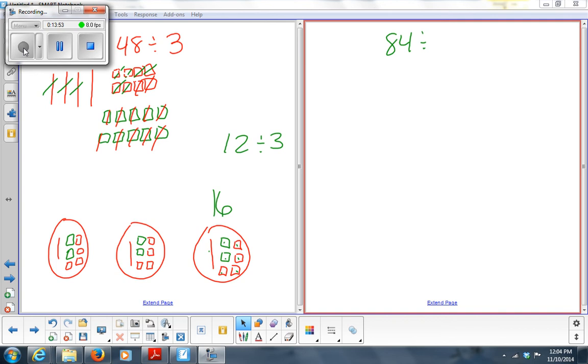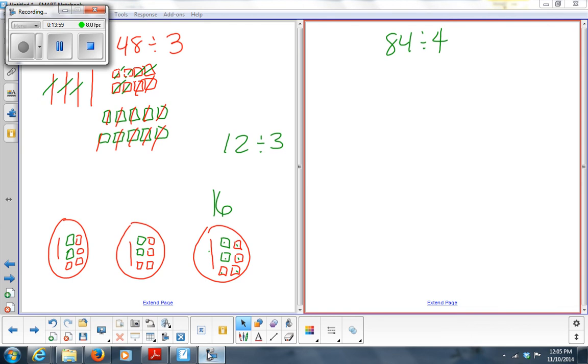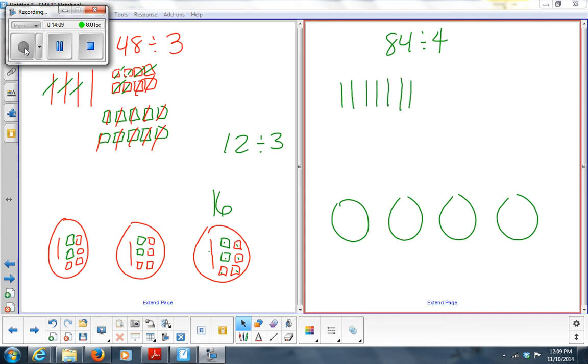84 divided by 4. Okay, I'm not giving you any assistance on this one. Want to see what you... All right, so I have 4 circles. This one should have been pretty easy. 10, 20, 30, 40, 50, 60, 70, 80. 1, 2, 3, 4.